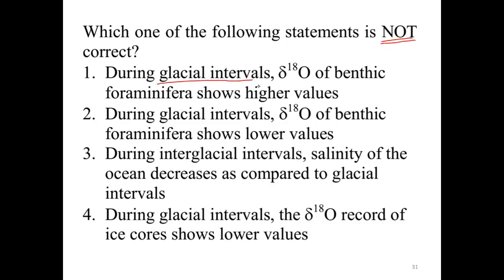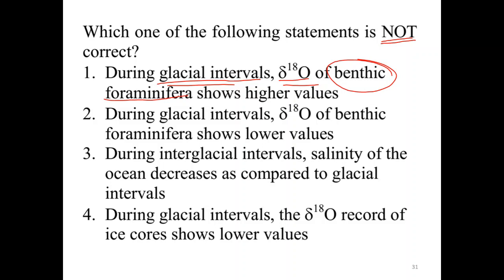So during glacial intervals, delta 18O of benthic foraminifera shows higher values. Of course, it will show higher value because benthic foraminifera are bottom dwellers and they are more affected by the ice volume effect rather than the sea surface temperature.